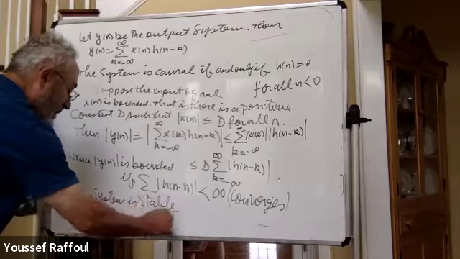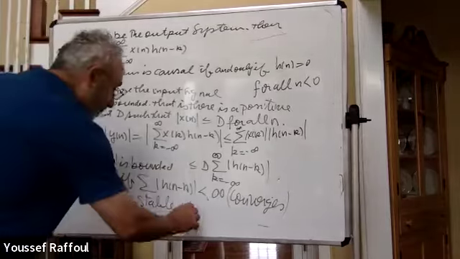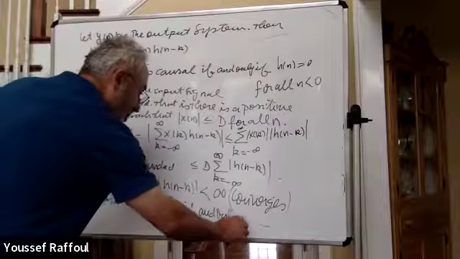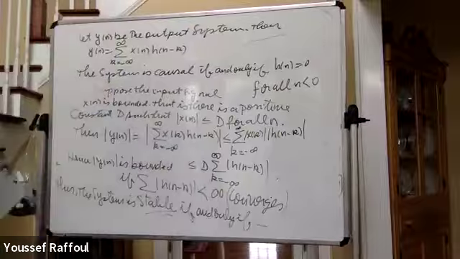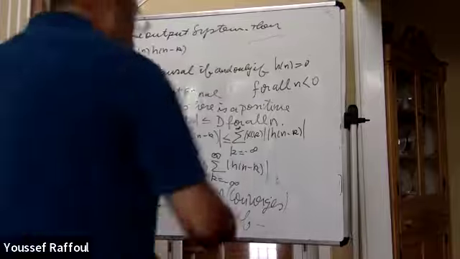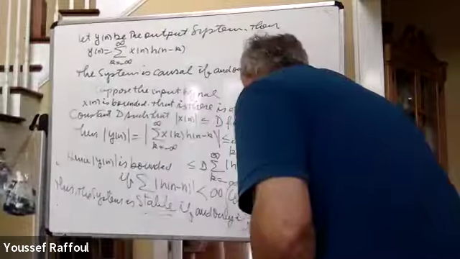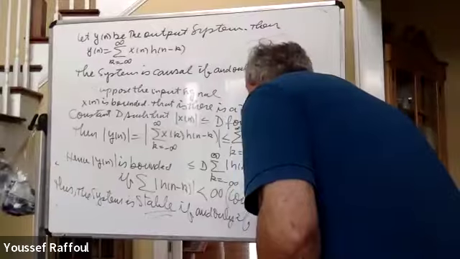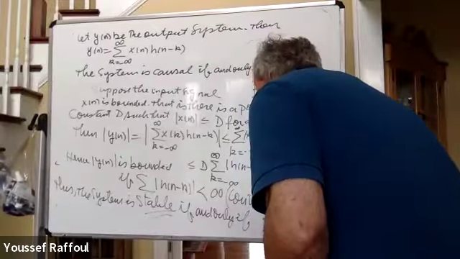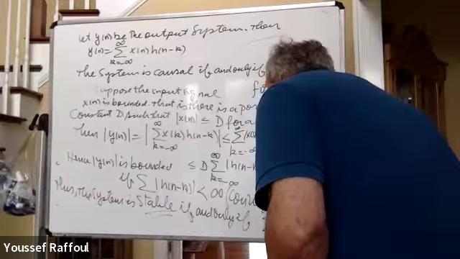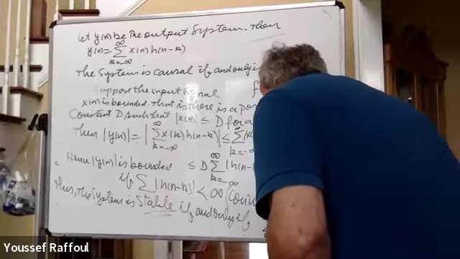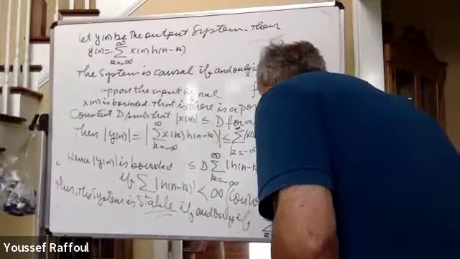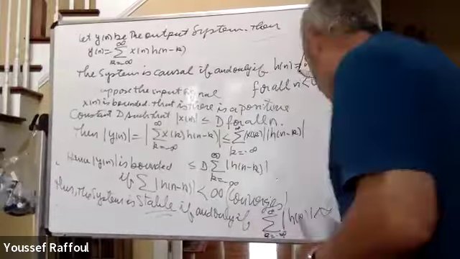This is just a definition, a word, if and only if the sum for k equal minus infinity to infinity of h of k is finite, converges.